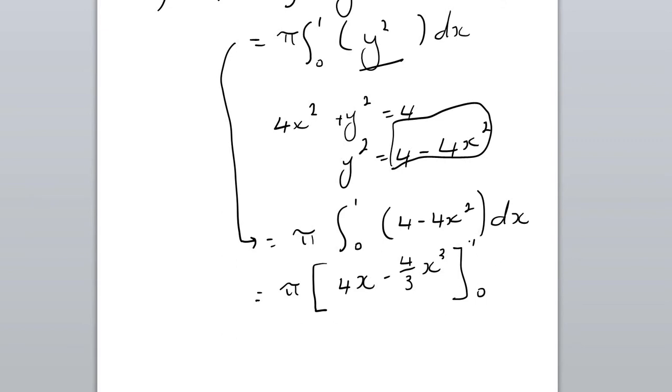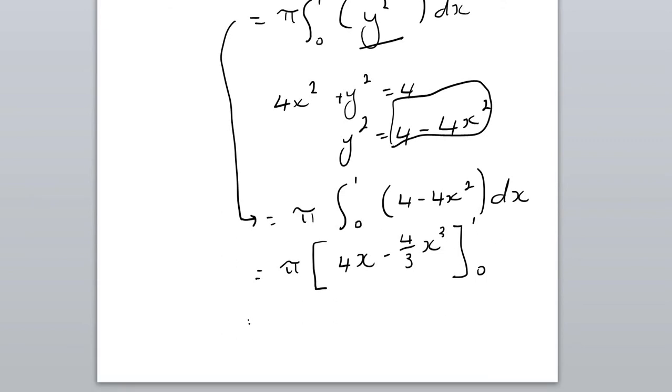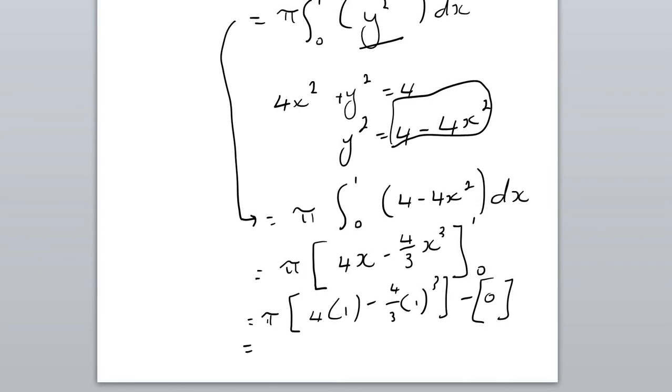Now let's go and substitute in first the 1. Then I'm going to get pi, and in all the places where I have an x, I will just substitute in a 1. And of course minus, if I were to think about the 0 here, but it will still just be 0, so we're not going to bother about that.